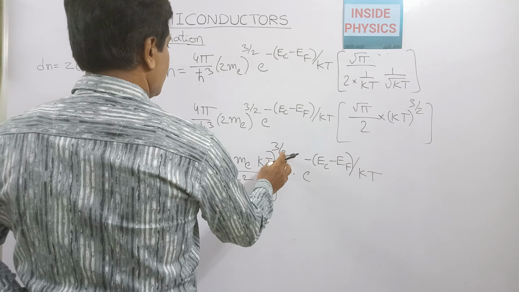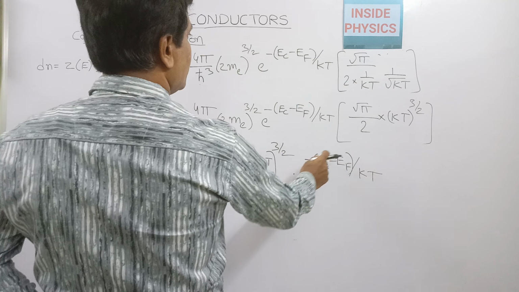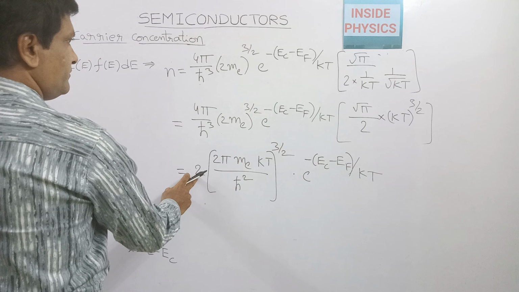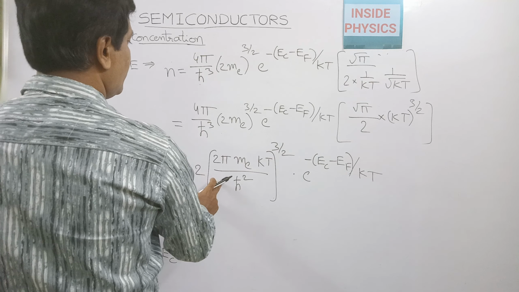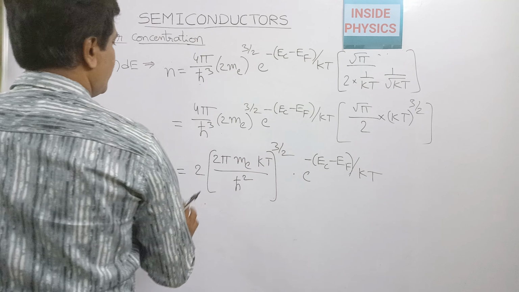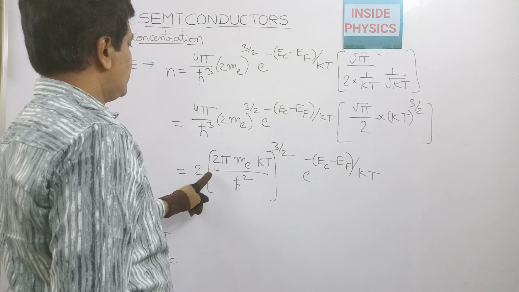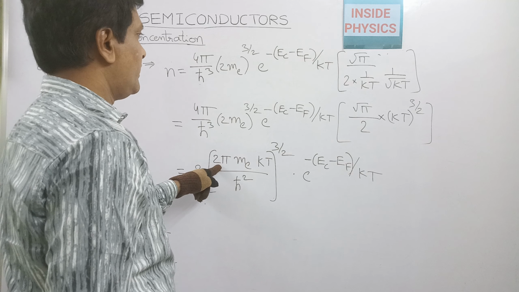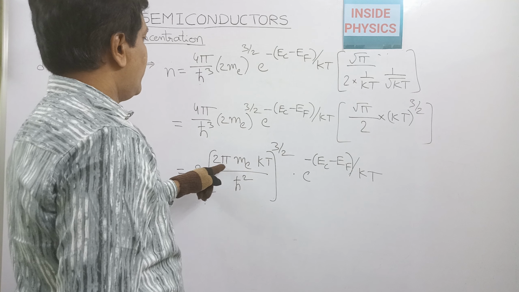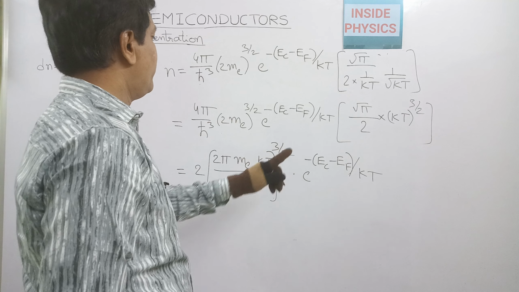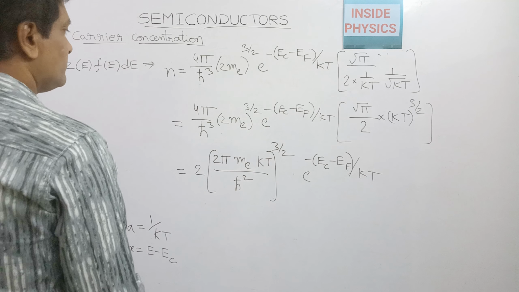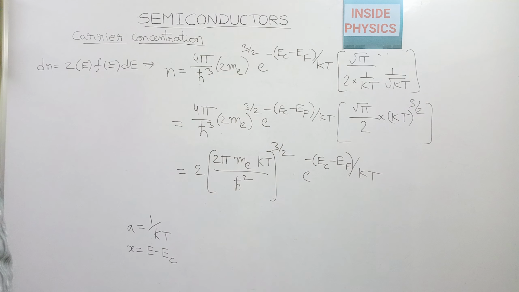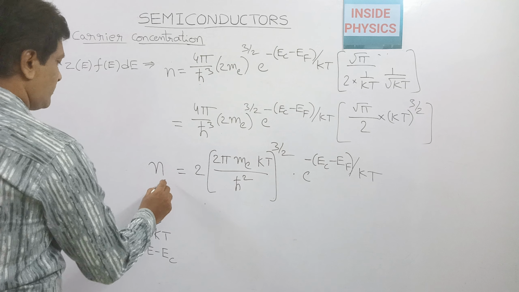Here this 2 will be multiplied by this term, and if it comes into the power of 3 by 2, 2 pi becomes 4 pi, and this term will be raised to the power of 3 by 2. So this is the mathematical form which we have arrived at, and this is the electron density.